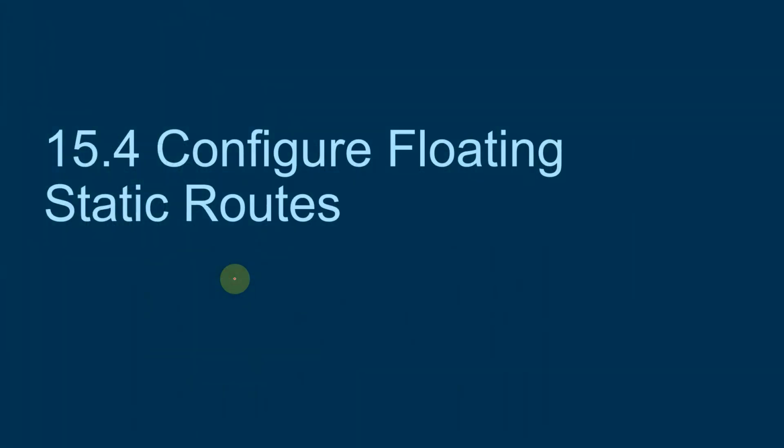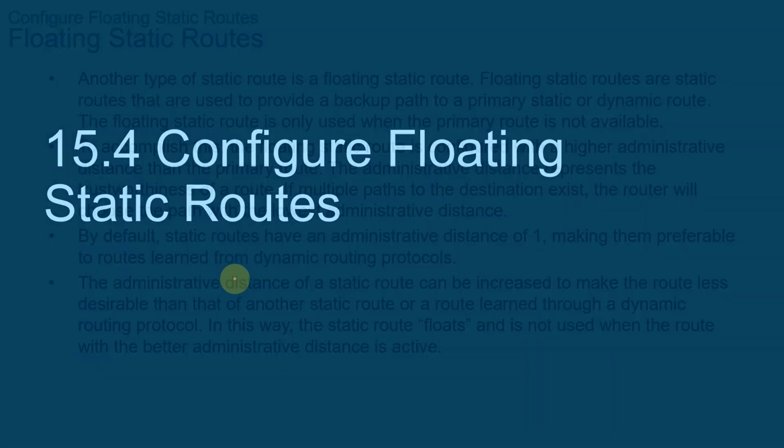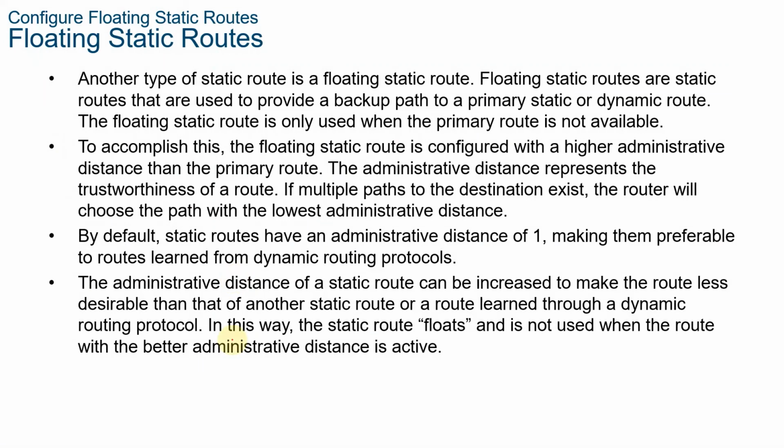On this section, we configure a floating static route. What is a floating static route? Have you heard of this before? As with the other topics in this module, you will learn how to configure IPv4 and IPv6 floating static routes and when to use them.